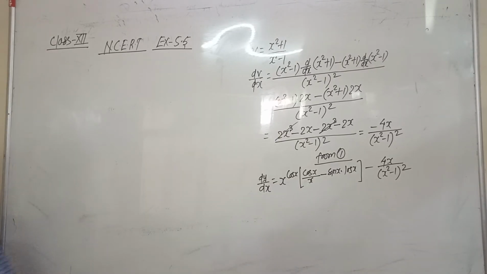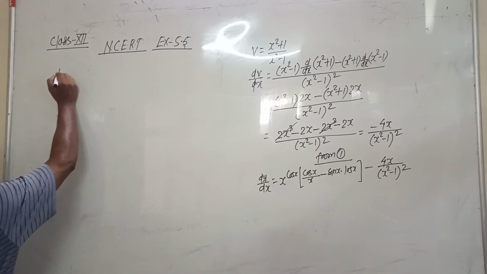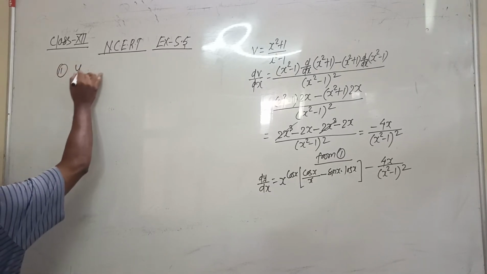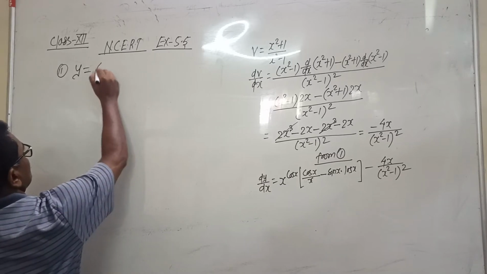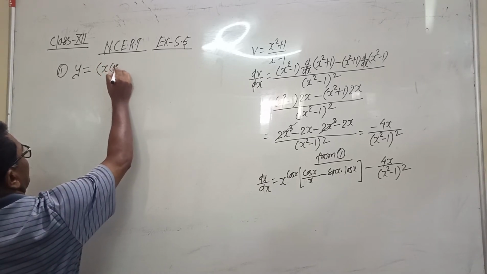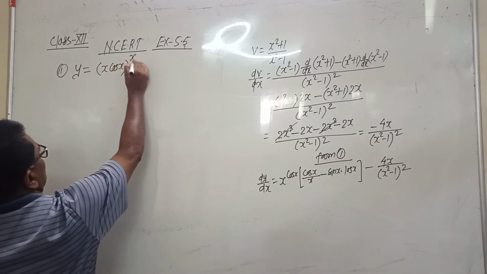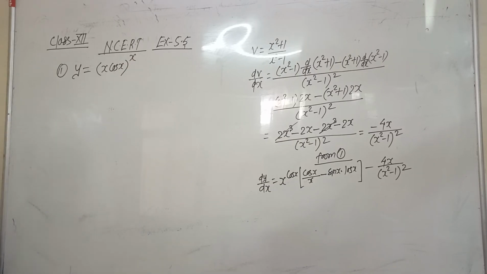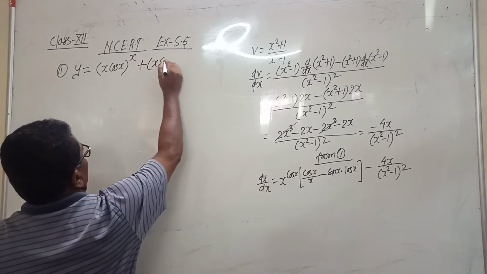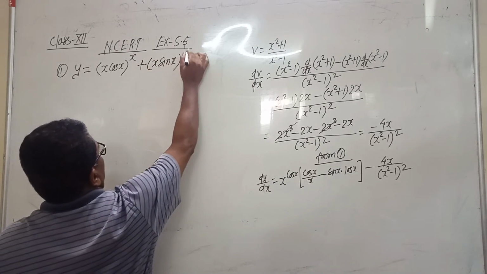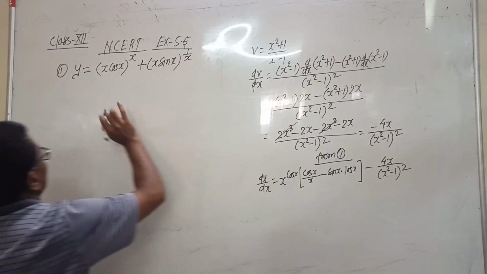So question number 11. y equals x cos x raised to the power x, plus x into sin x, and the whole raised to the power 1 by x.